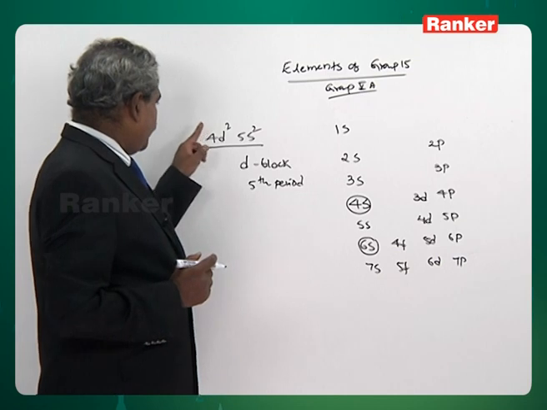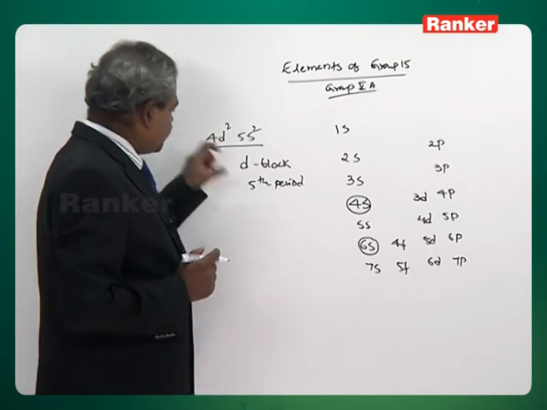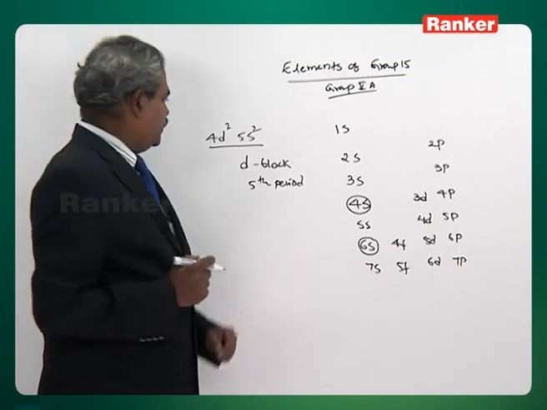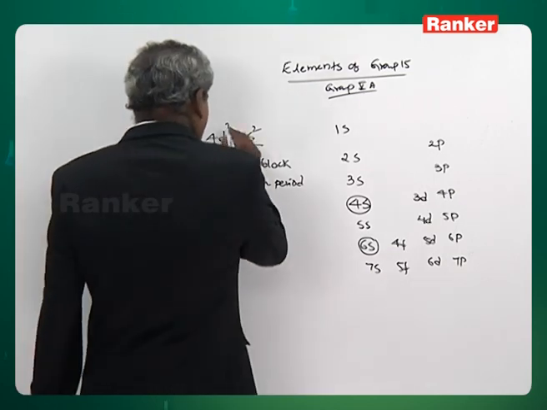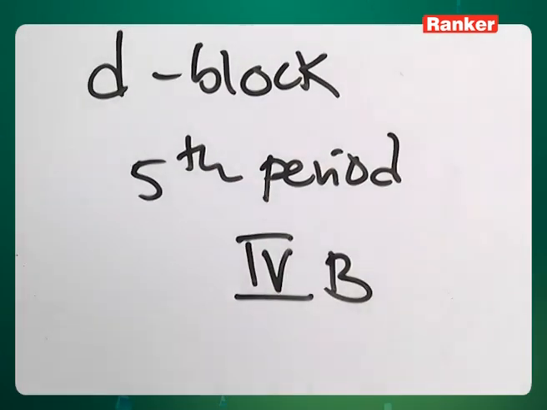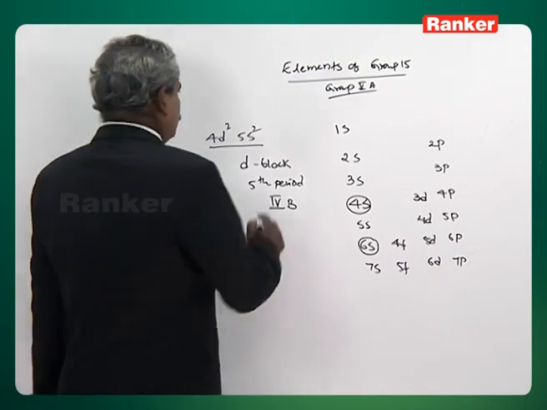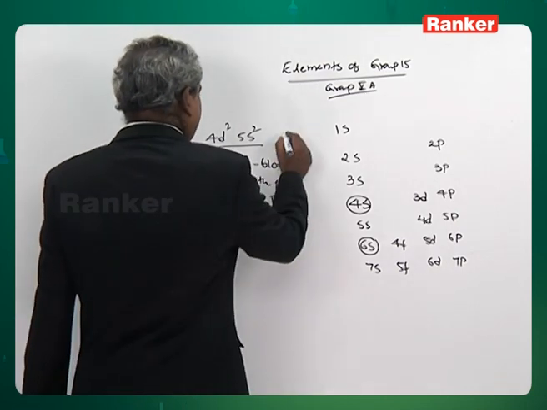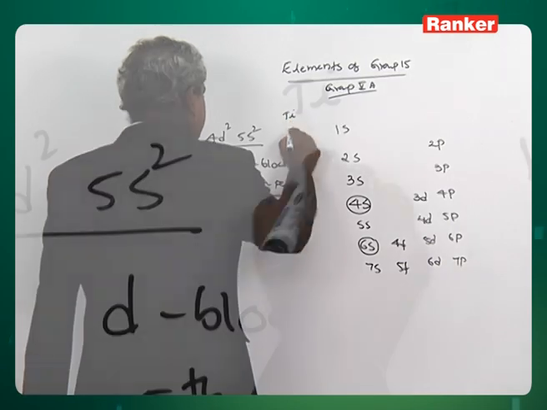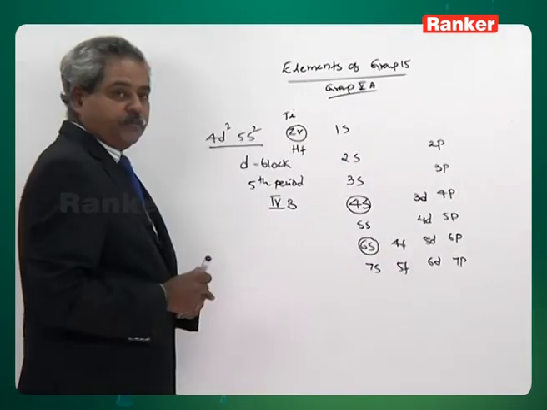Now, if you have a d, you add 1 to get the period number. 4d, it's the next, fifth period. And 2 plus 2, 4B, the designated group, 4B. So, fourth group, you have titanium, zirconium, hafnium. Of course, this is zirconium.